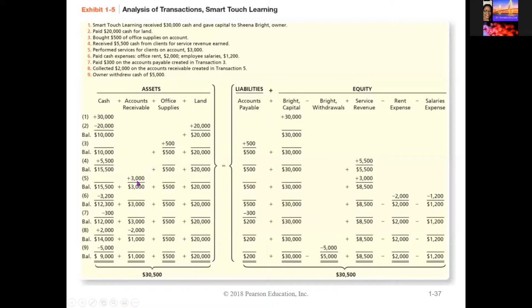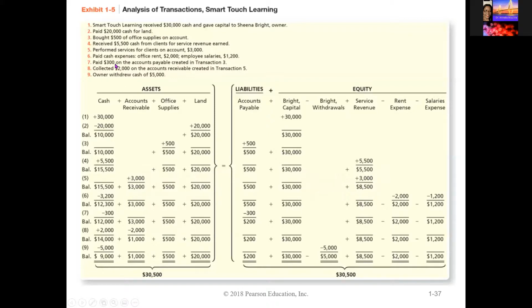Transaction 5, perform services for clients on account of $3,000. Here you see accounts receivable on the left, service revenue on the right, $3,000, $3,000.